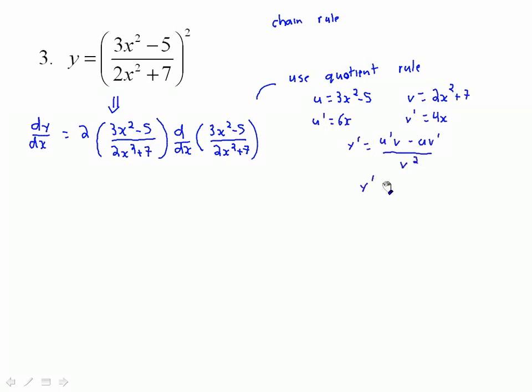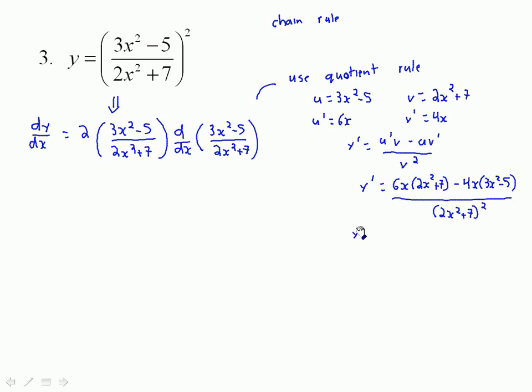So y prime is equal to 6x times v, which is 2x squared plus 7. Hope I have room for all this. Minus u times v prime. So v prime is 4x times 3x squared minus 5 all over v squared, which is 2x squared plus 7 to the 2.